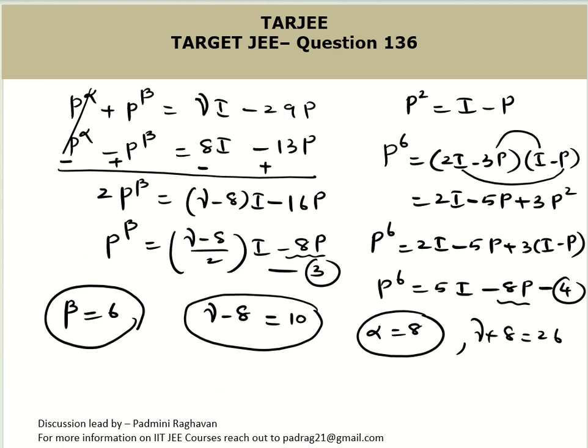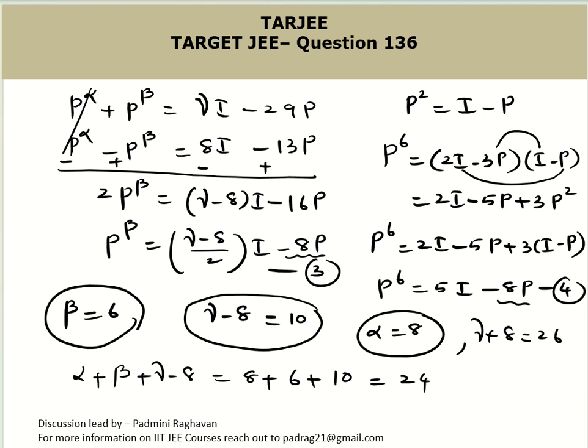The question was to find the value of alpha plus beta plus gamma minus delta. So there is no need to find individual values of gamma and delta. I have alpha, which is 8. I have beta, which is 6. I have the collective value gamma minus delta equal to 10. So 8 plus 6 is 14, plus 10 is equal to 24.